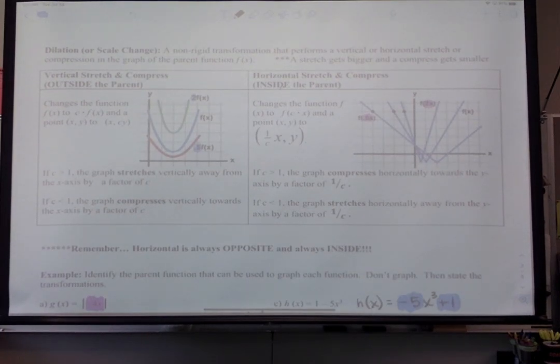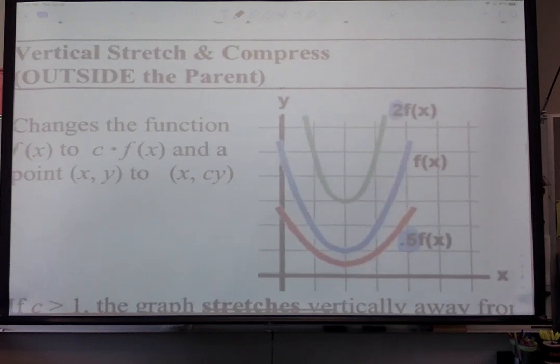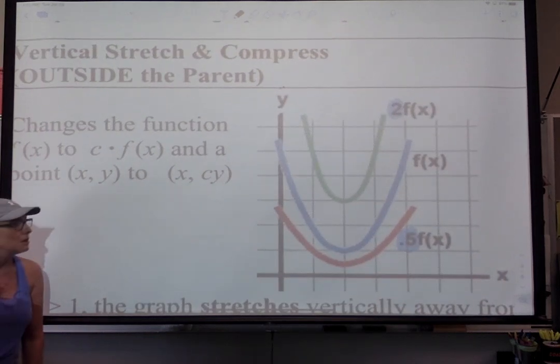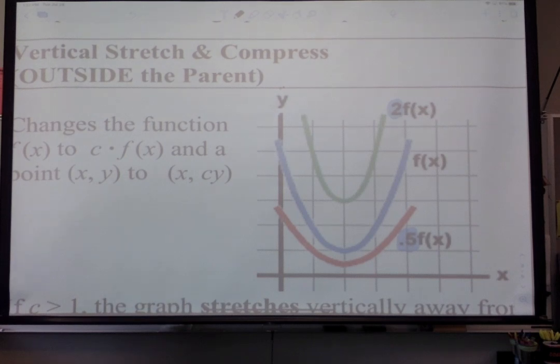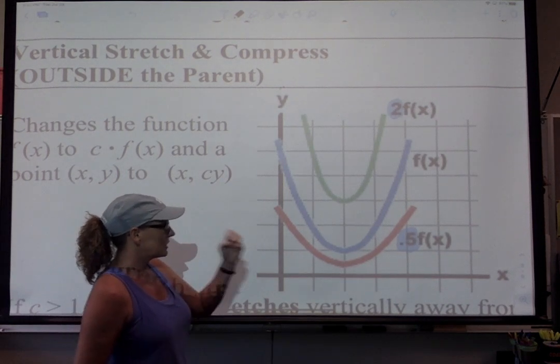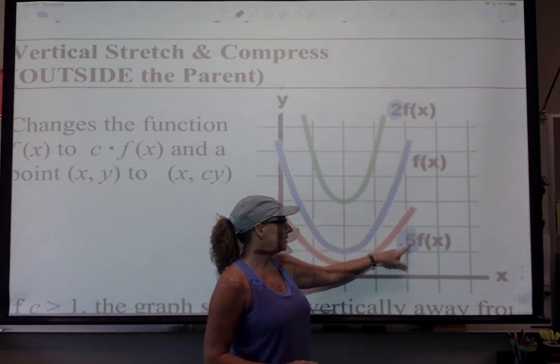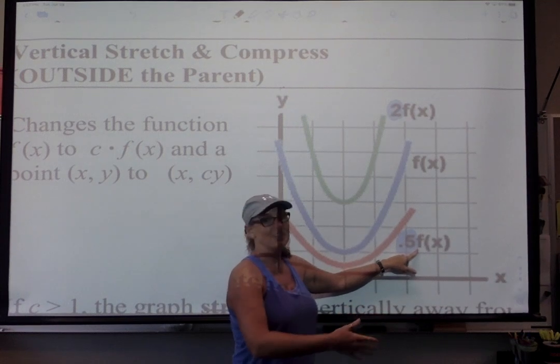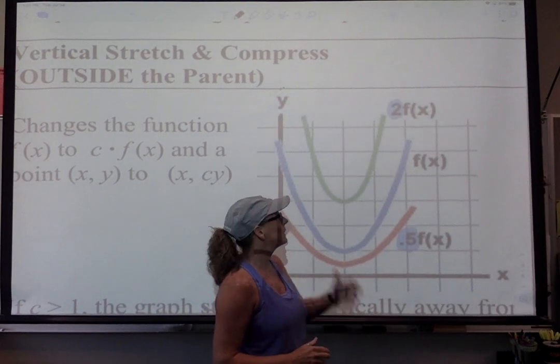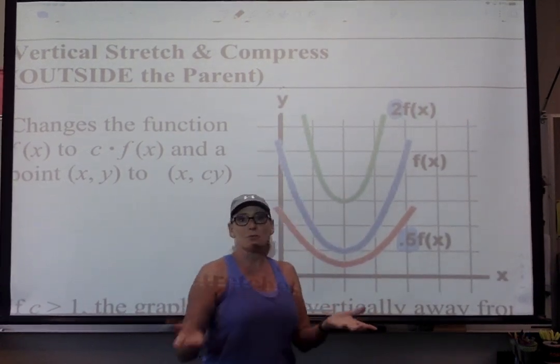Okay, now, let's talk about if there's a number in front of our function or a number in front of our variable. Now, I'm not real crazy about the way this is written because you all are so used to f of x equals, not having anything in front of f of x. But f of x right here just represents a function.